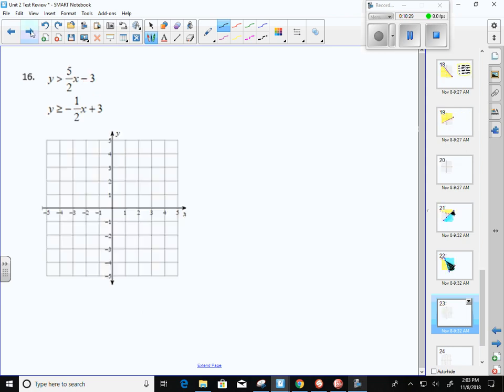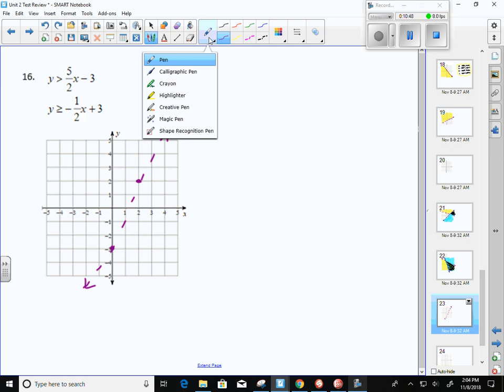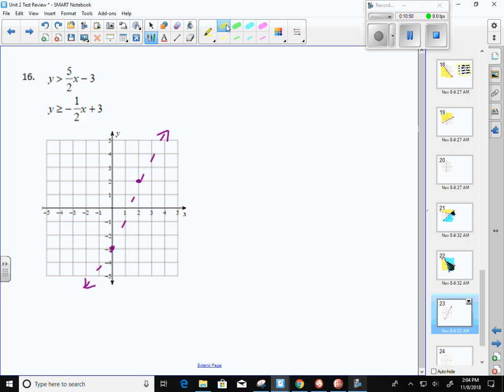Okay, number 16. Y-intercept, top one of -3, up 5, and over 2, dash line, shading is greater than, so it's above.